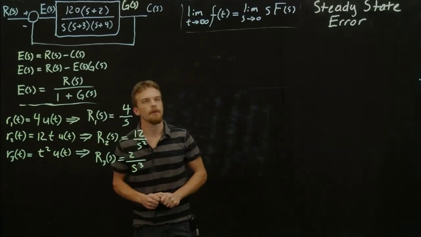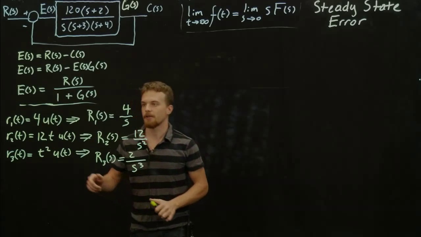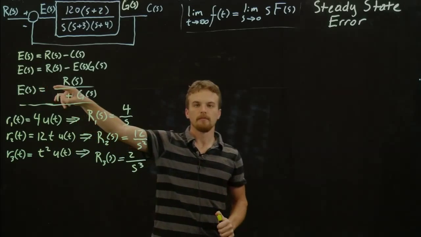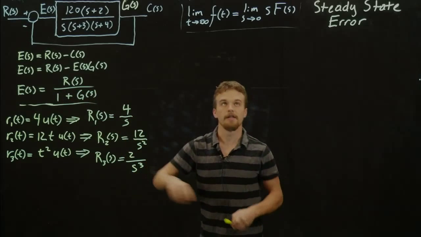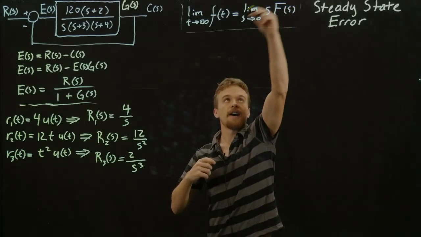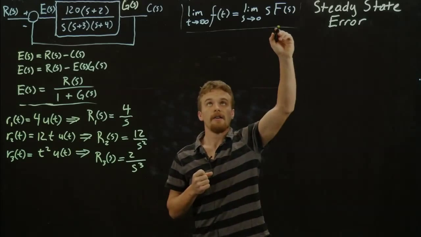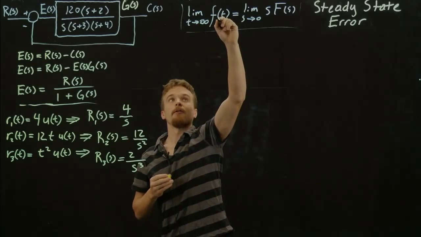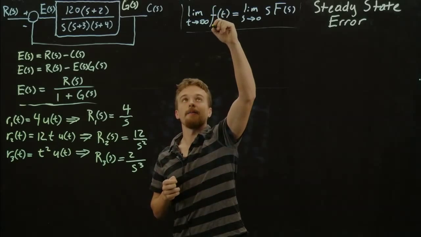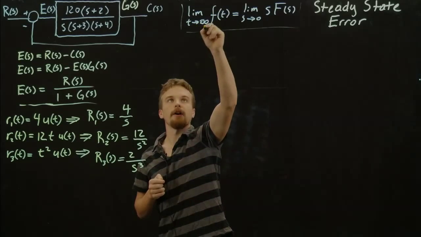So we'll come up with expressions for E of s with these different inputs, and then we'll do this side of the operation with those expressions to get this, which is what we're looking for. We're looking for what the time expression of error would look like after a long time, or infinity.